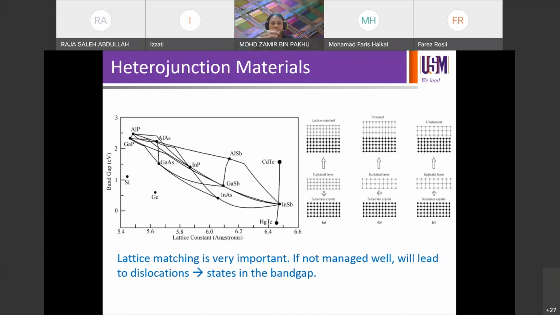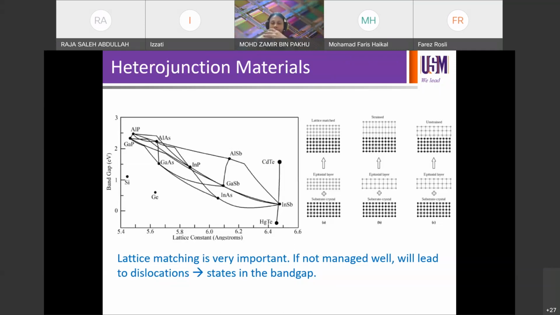If you have a big difference in terms of the lattice constants between semiconductor A and B, then you're going to have a high level of lattice mismatch, and this will cause strain, dislocations, defects, and trap states in the semiconductor device later on.